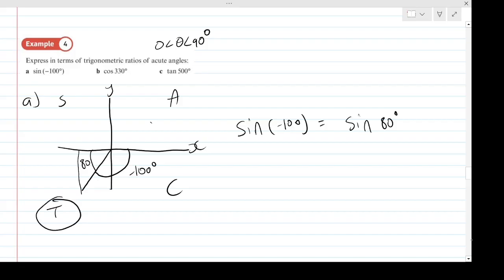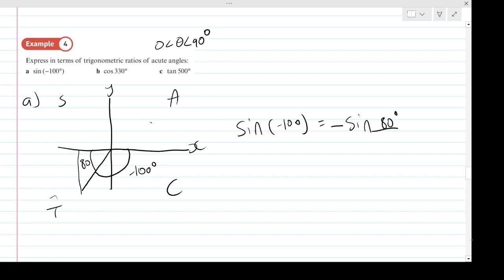Well, this is marked T for tan. If we label C-A-S-T in this order, that tells me what is positive. Because we have T here, only tan is positive. That means sine and cos, the other trig functions, are negative, meaning that sine of minus 100 is equivalent to sine 80, but it must be negative, okay?